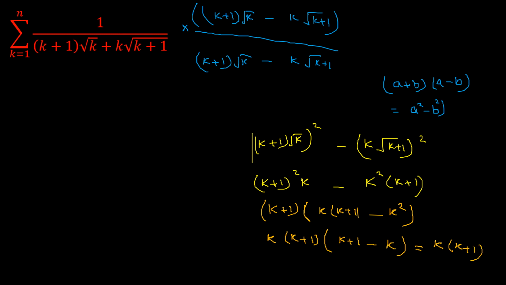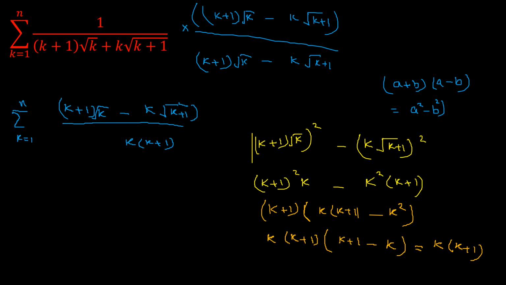So we plug this in place of the denominator, and the series is reduced to the summation k equals 1 to n, where the numerator is k plus 1 times square root of k, minus k times square root of k plus 1, and the denominator is k times k plus 1.